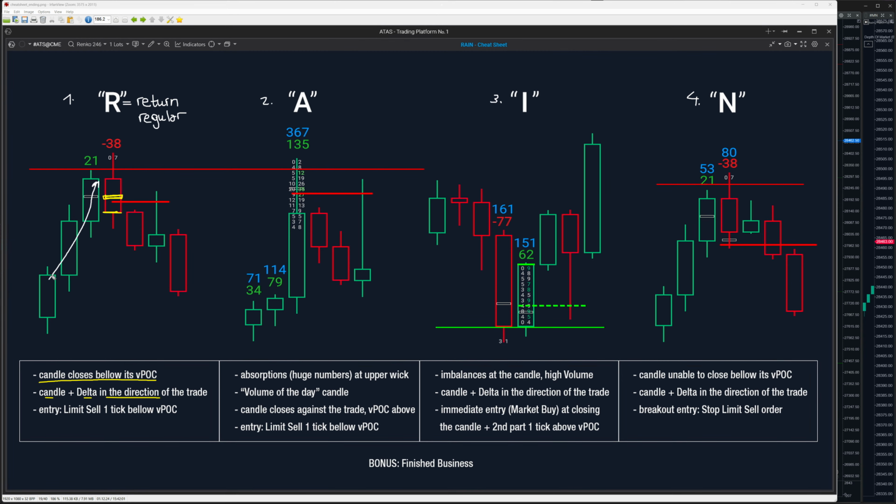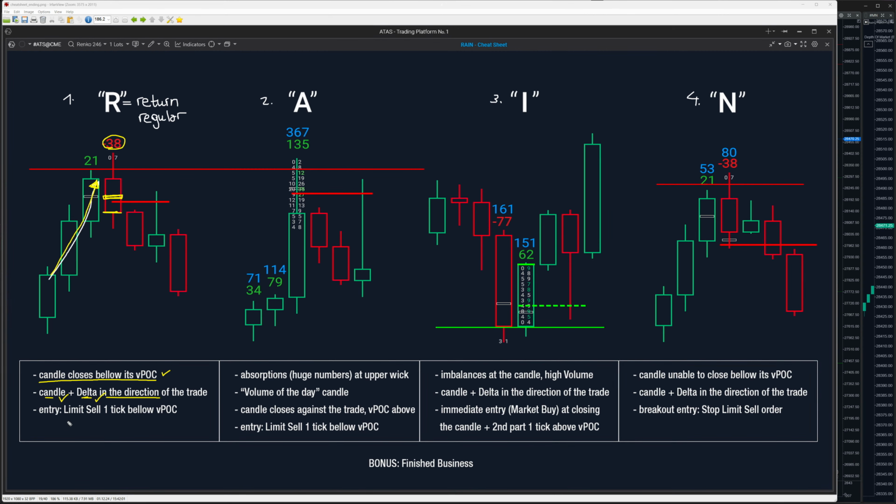Because we approached the level from below, we are looking for the shorts. So the candle must be negative, as described twice already, and the delta must be negative, which is minus 38 in this case. That's it. So the candle closed below VPOC, the candle is negative, and the delta is negative.